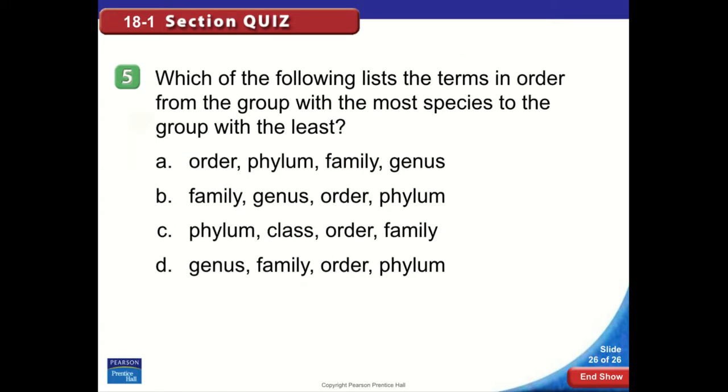Which of the following list the terms in order from the group with the most species to the group with the least? Pause it, get your answer, and then unpause. And the answer in this case was letter C, phylum, class, order, family.